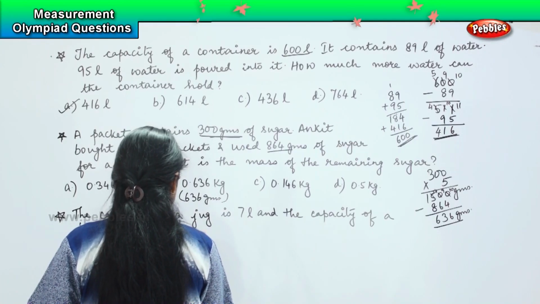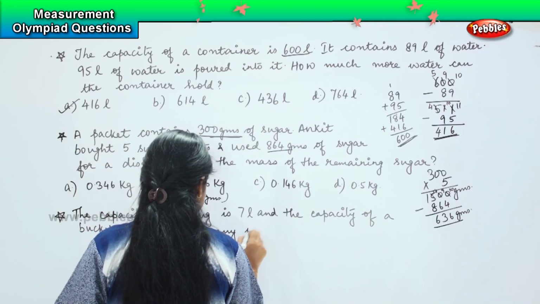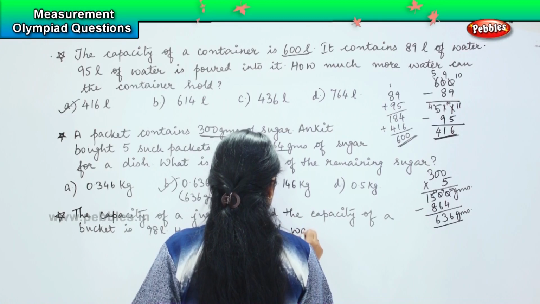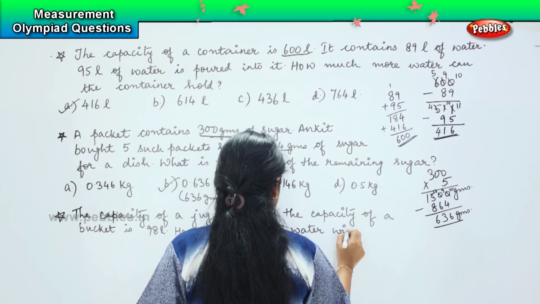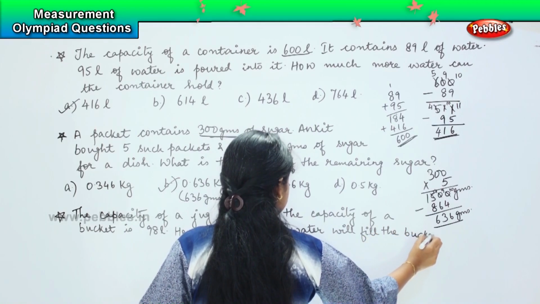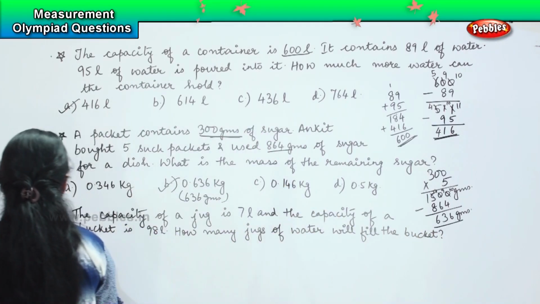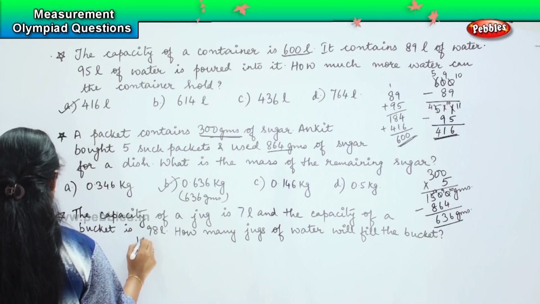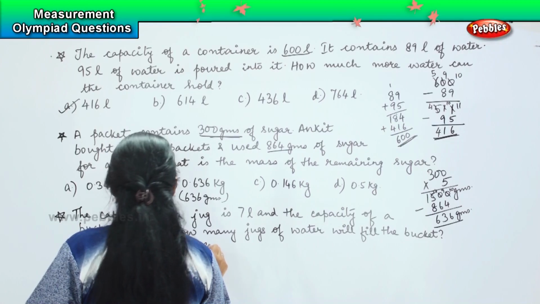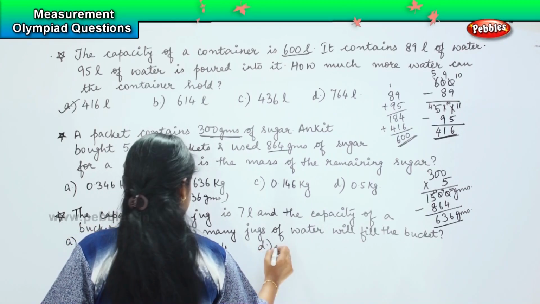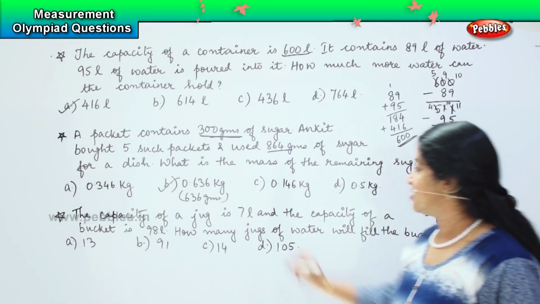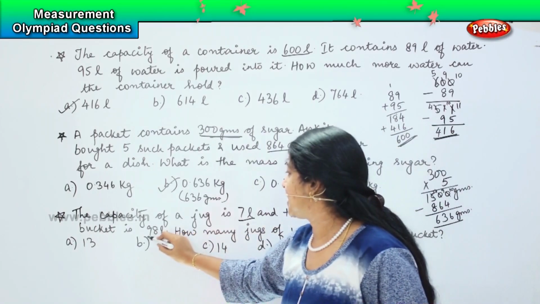How many jugs of water will fill the bucket? The options are 13, 91, 14 and 105.